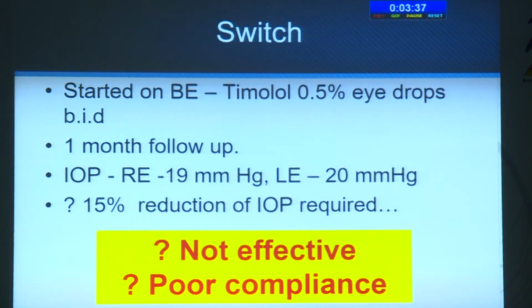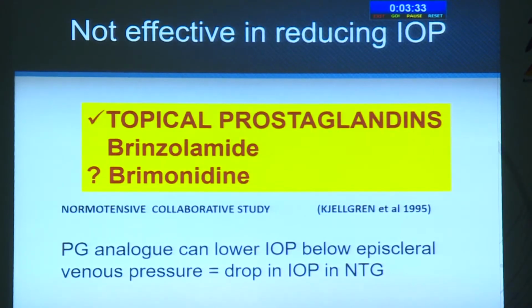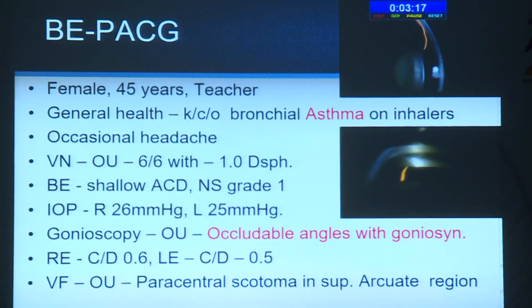So what should we switch to? Of the 3 molecules shown here, I prefer to use a PG analog because this patient had a very low IOP to start with, 20 and 21, and a PG analog can lower it with good compliance, a once a day dose, less systemic side effects, and it can lower the IOP below episcleral venous pressure.